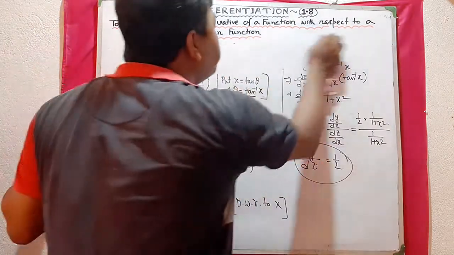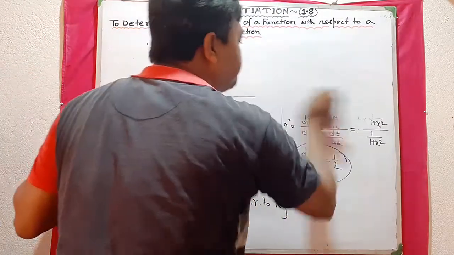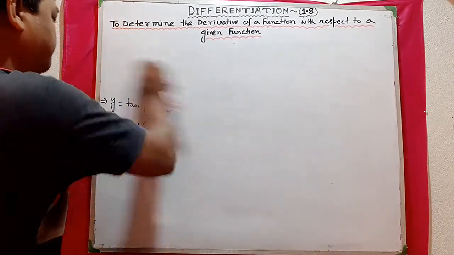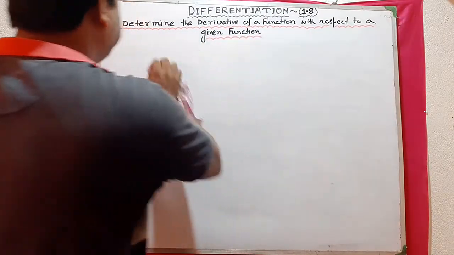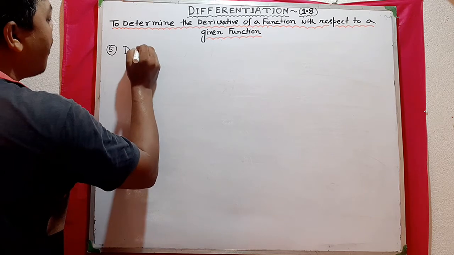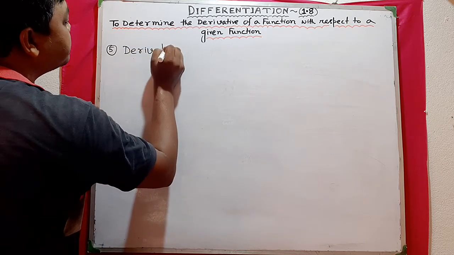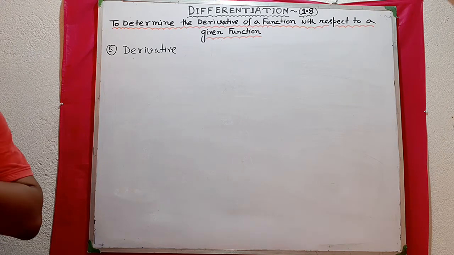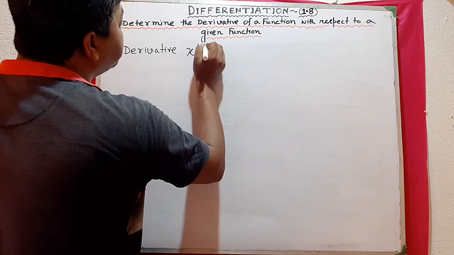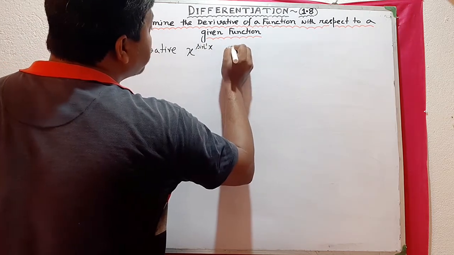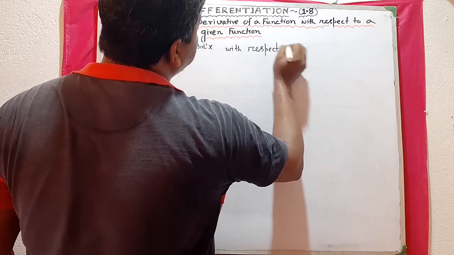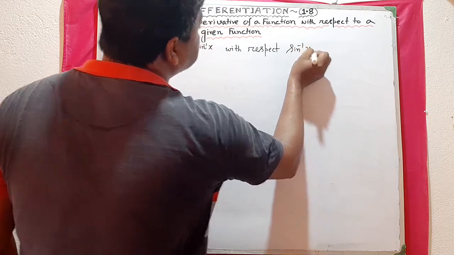Next, problem number 5. Derivative of x to the power sin inverse x with respect to sin inverse x.